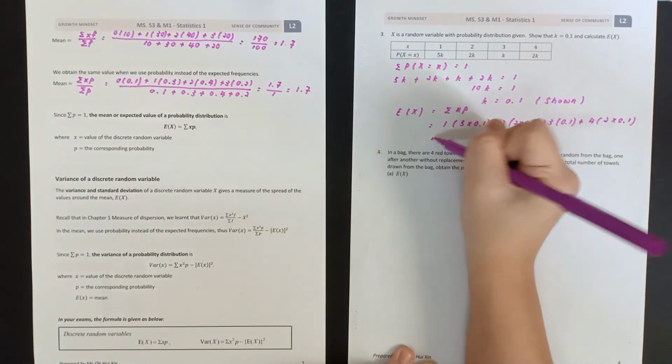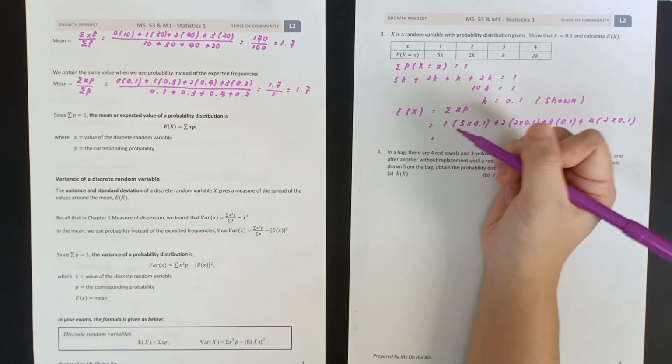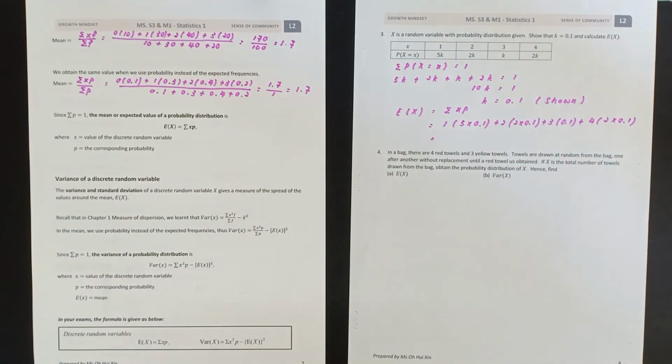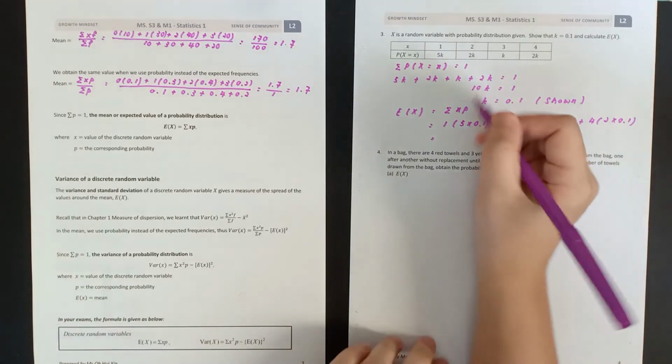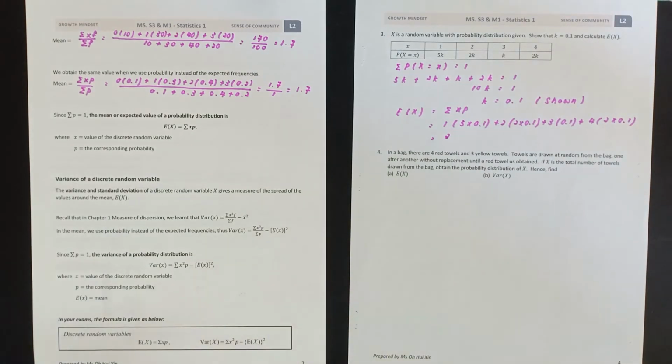You expand everything and you will get 0.5, 0.4, 0.3 and 0.8, so you should get 2. So that's the expectation.